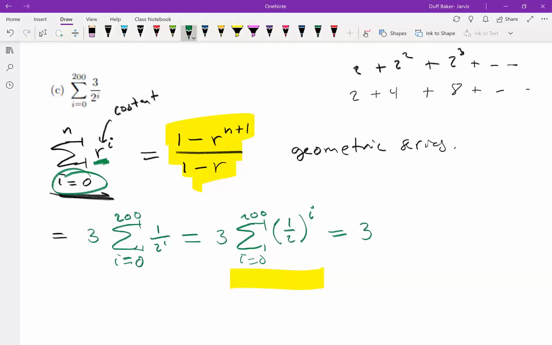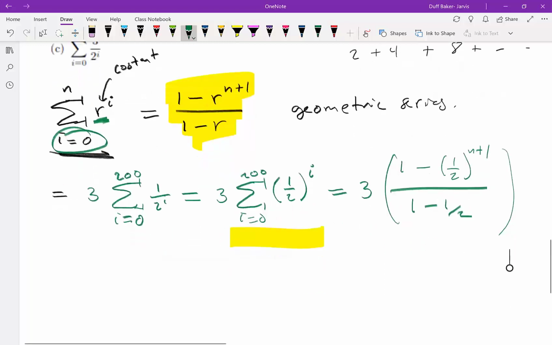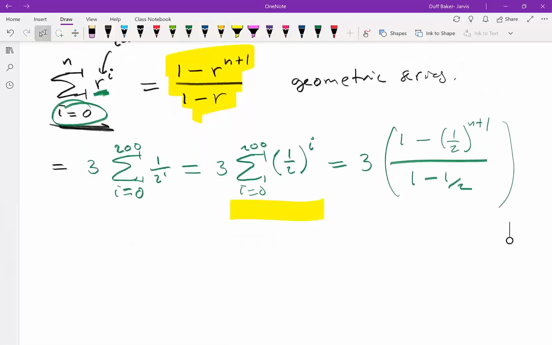Well, we still have the 3 out front, and then the sum gets replaced with 1 minus r to the n plus 1, over 1 minus 1/2. And if you want to simplify that a little bit, you can. Dividing by a half is times 2, so that'll be 6.